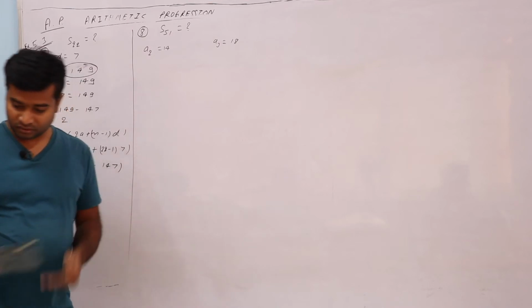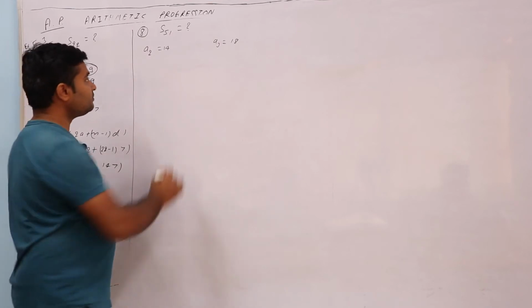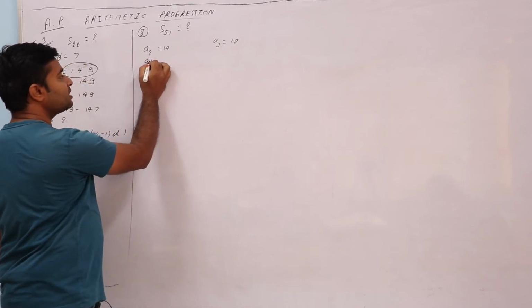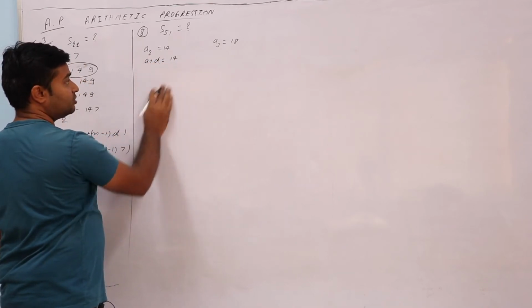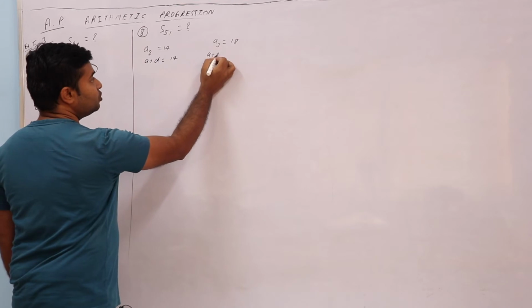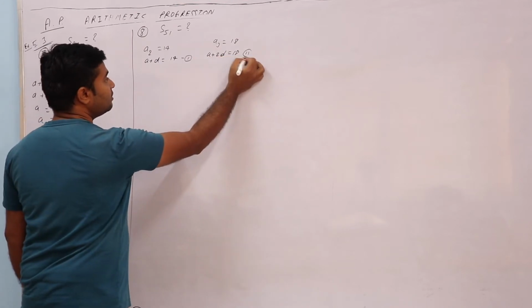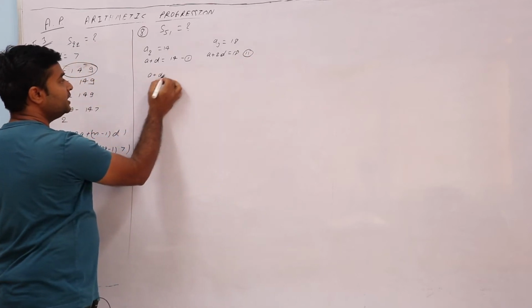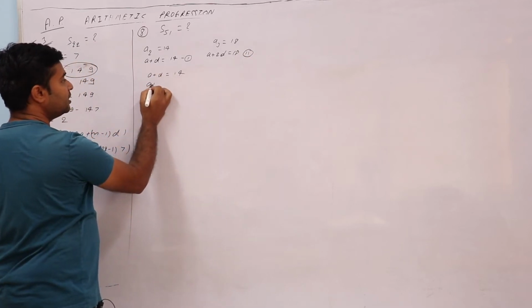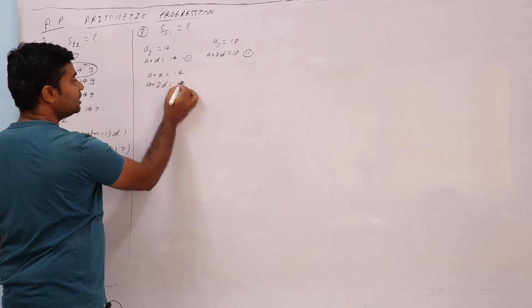How will we find it? A2 is A plus D and A3 is A plus 2D. So A plus D is equal to 14 and A plus 2D is equal to 18.